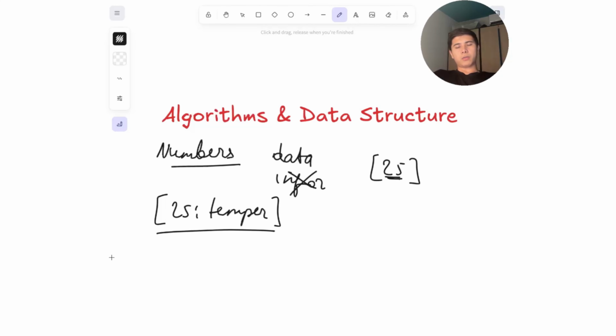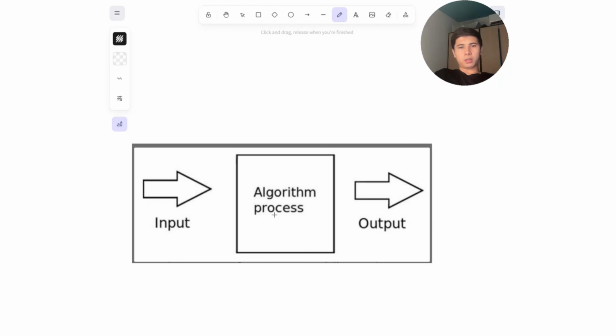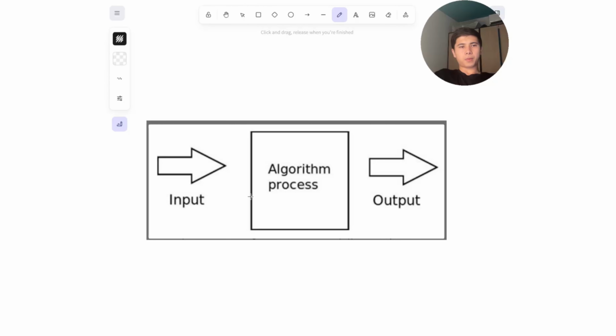Working with this kind of information through numbers is one of the most important and fundamental ideas behind algorithms. So firstly, what does algorithm mean? We can see here, an algorithm is a total process. An algorithm is the actual sequence of steps used to solve some kind of problem.